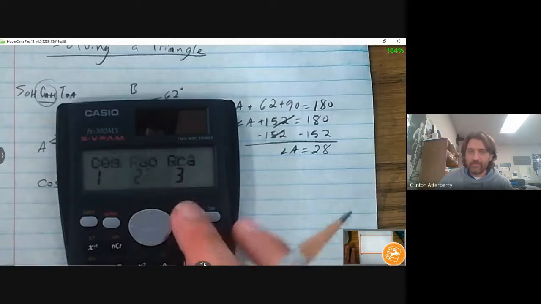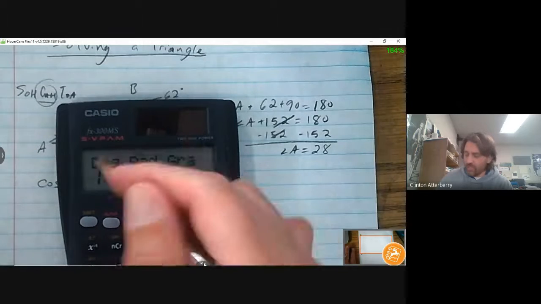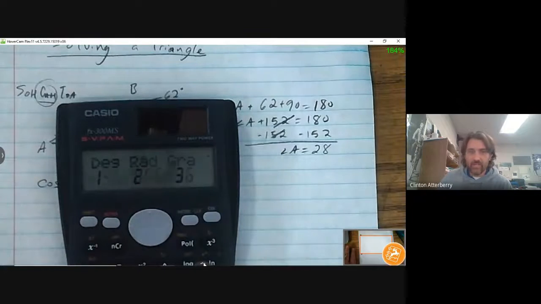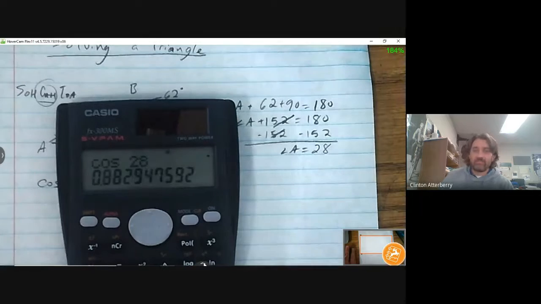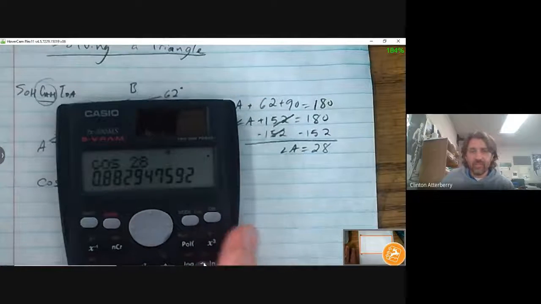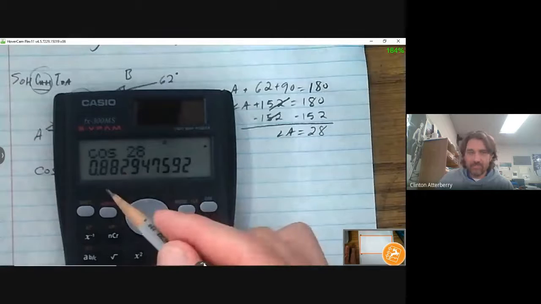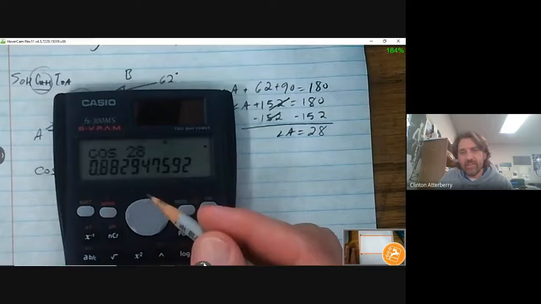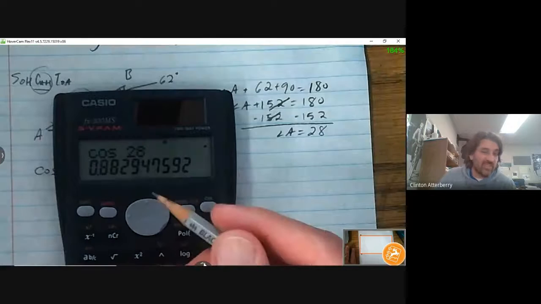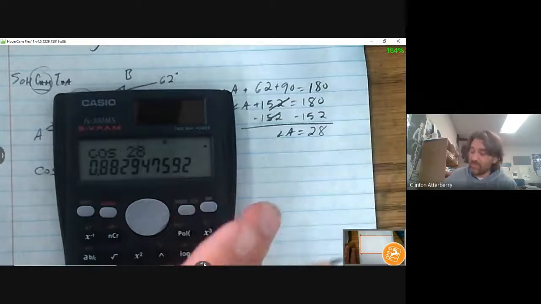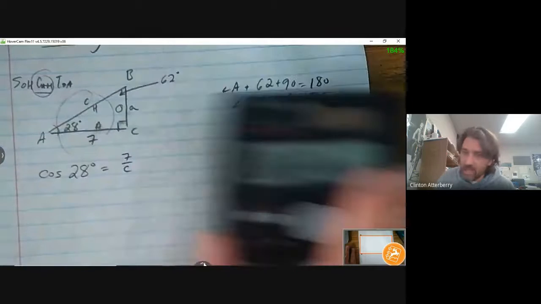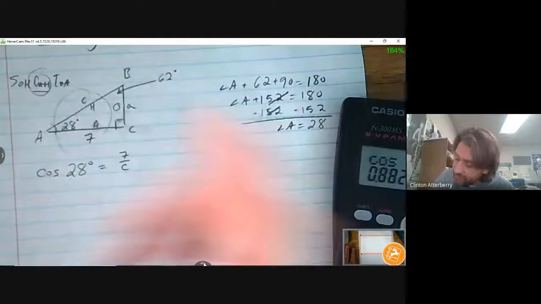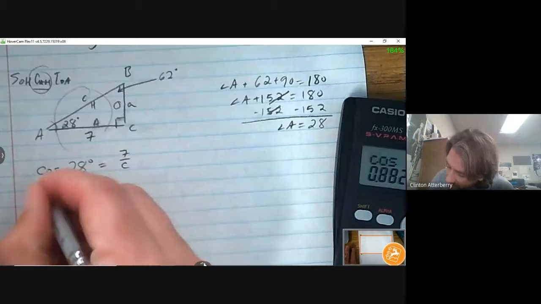So just make sure you are working in degrees and not radians. Radians are a different way to measure angles, and we're not there yet. As the online video mentioned, 4 decimal places is very common with these functions. So I'm going to write 0.8829 in place of cosine of 28.